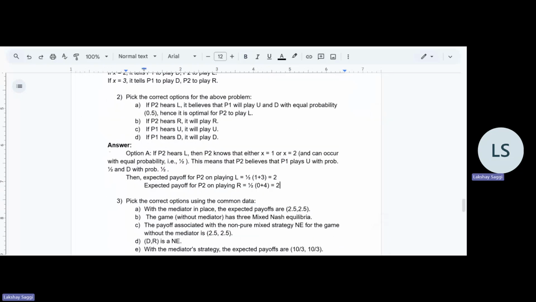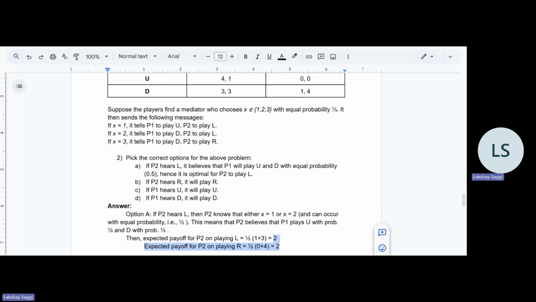So what this means is that P2 can play actually anything. It is optimal. P2 can play any linear combination of strategies L and R, and the payoff will remain 2 for P2. It can choose to follow the advice also, and it won't be harmful for P2 to follow the advice.